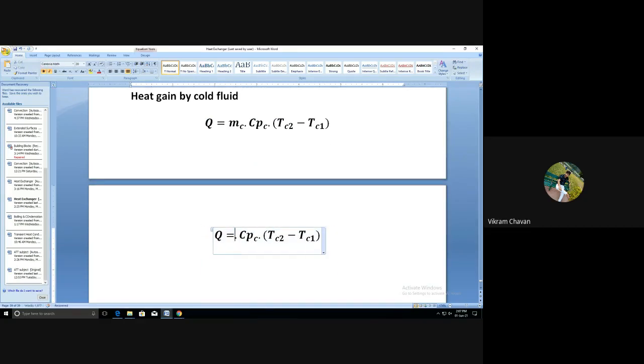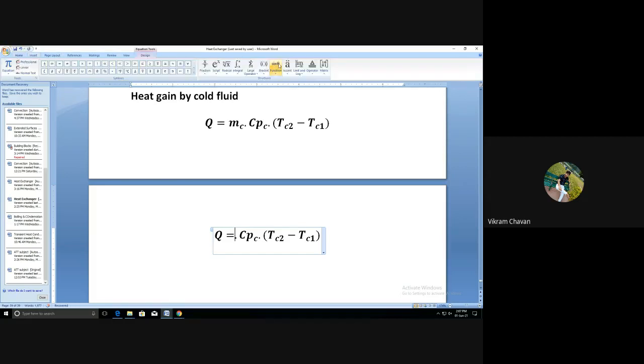So put in all the values. M dot c is 10500 divided by 3600. Multiply by CPC.